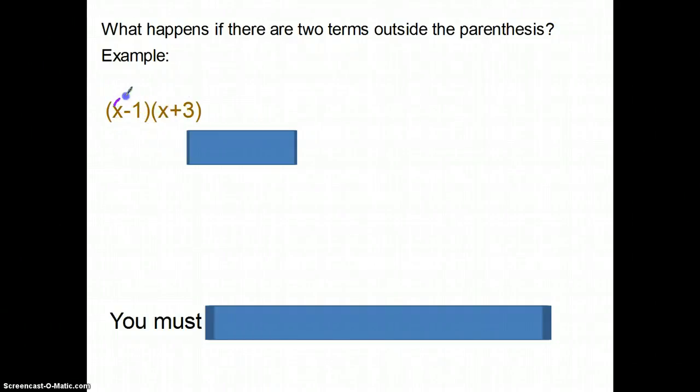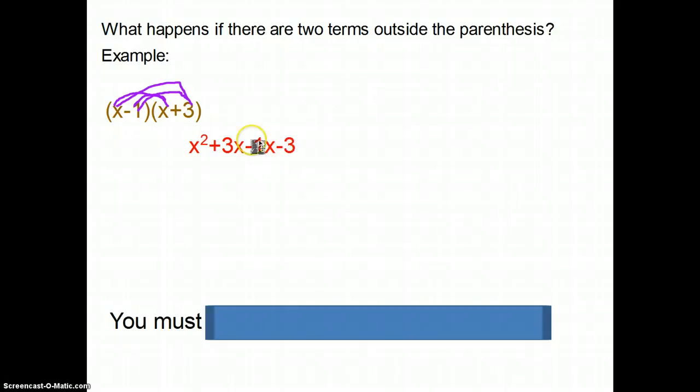Let's just draw the arches. So you have to use the distributive property on both. So you get, for the first one, x squared plus 3x, minus 1, minus 1x minus 3.